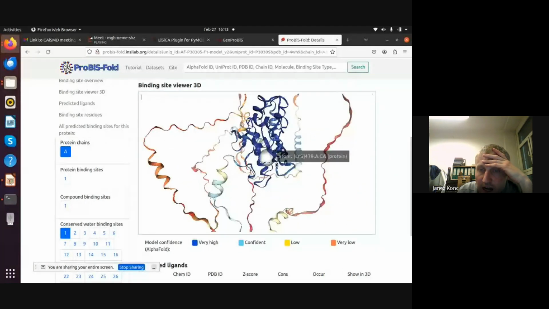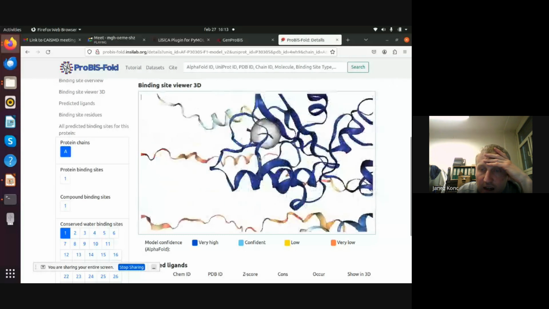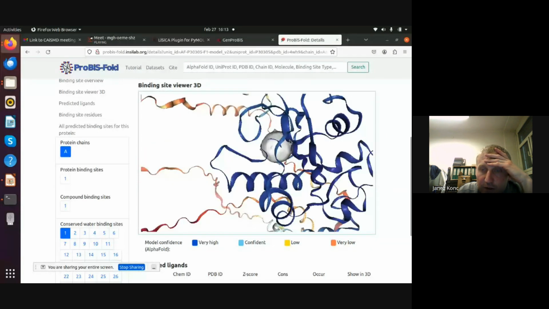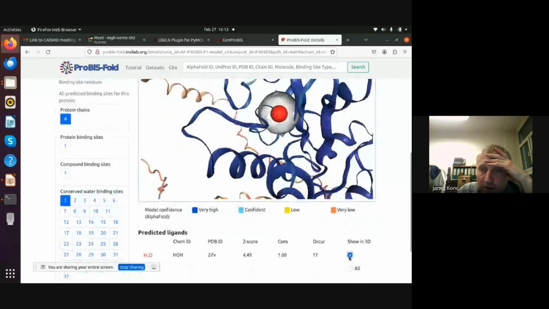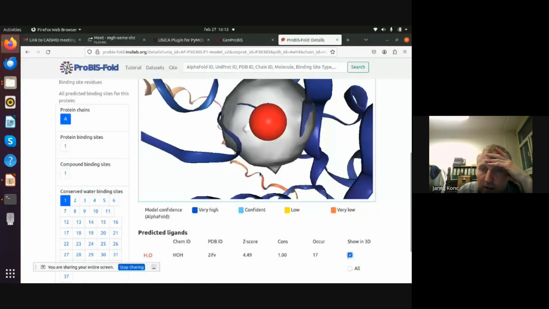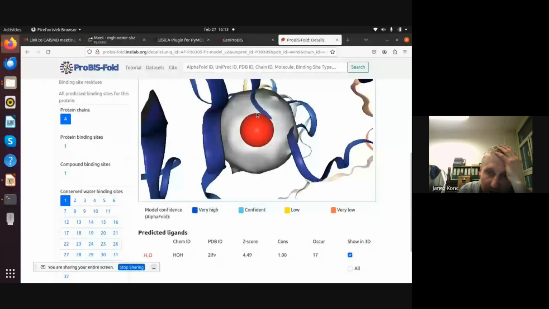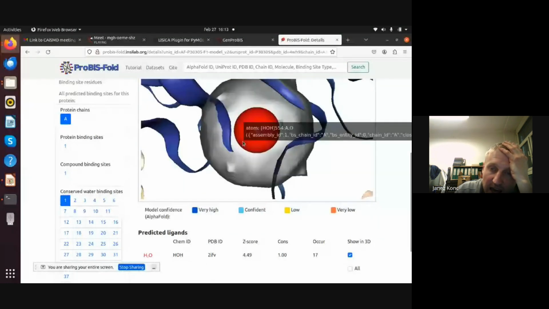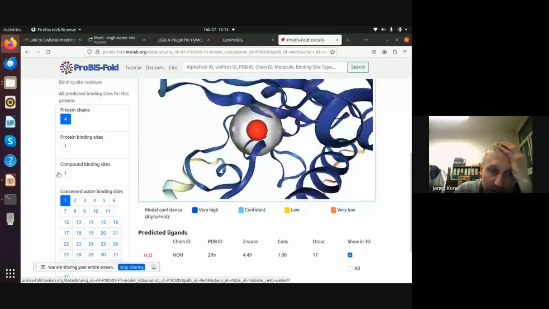They are not accurately determined. And here you can see a water site within this AlphaFold protein, and you can just turn on the water molecule. Here is the water. This red thing is the oxygen of the water molecule, and this is the predicted place that will bind a water molecule.